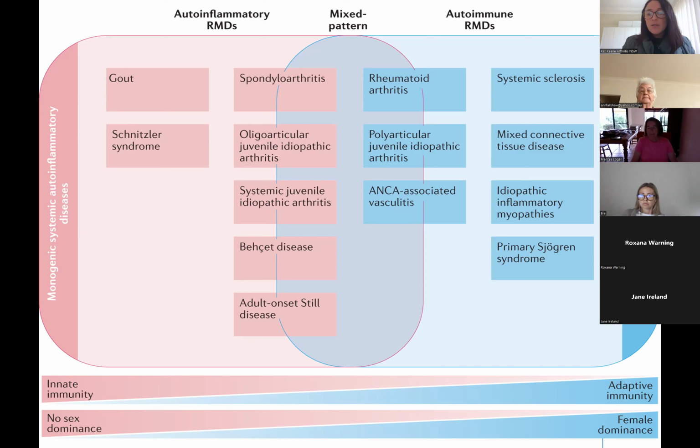So on the other side of the spectrum here, we have what's called the adaptive immunity or adaptive immune system. And this is what we call the autoimmune system. So this is adaptive. It takes over from the innate immune system and helps if the innate immune system isn't able to destroy germs. So the difference between the two here is that the adaptive immune system can specifically target different types of germs that cause infection.